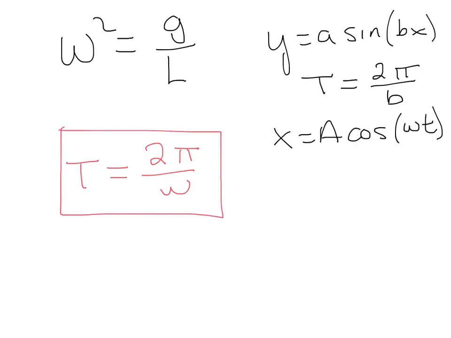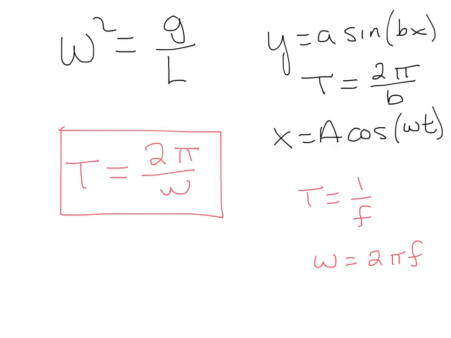I don't want to digress, but that's the same as saying period equals 1 over frequency, and omega equals 2 pi f. This is a common occurrence in the old physics community.